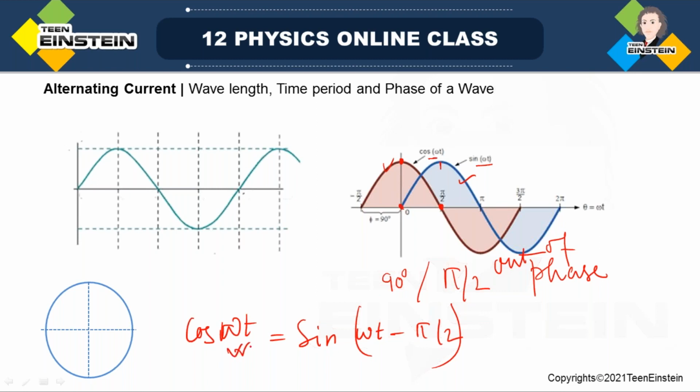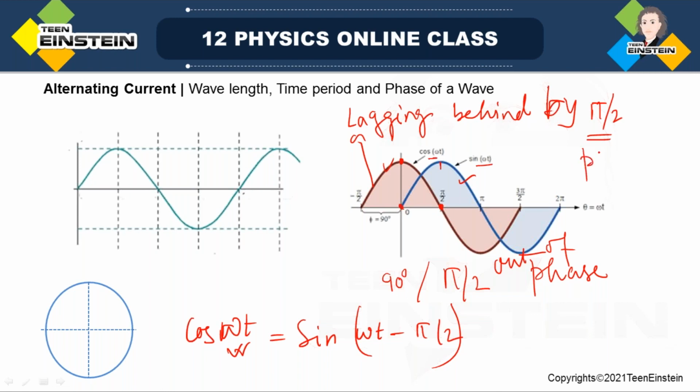So that's why, cos omega t, this wave we should say is lagging behind by pi by 2 phase. This is how we have to term it.